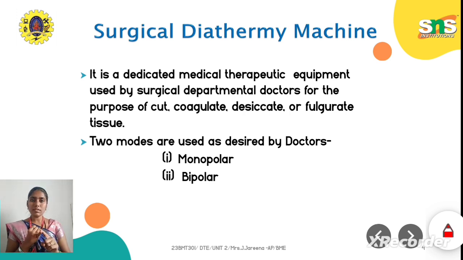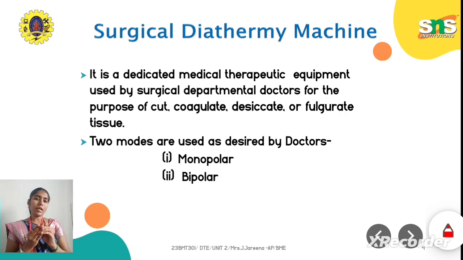One is to cut the tissue, and the second is to coagulate the tissue, that is blending the cells or tissues in order to avoid heavy blood loss. The third is desiccate and the fourth is fulgurate. These two processes remove any unwanted tissues superficially, or make the cells extremely dry, and in that way they remove the unwanted tissues. So these are the four applications or purposes for which we can use a surgical diathermy machine.